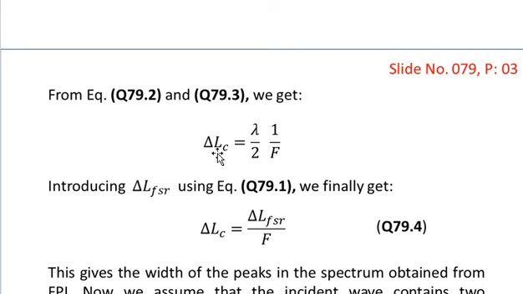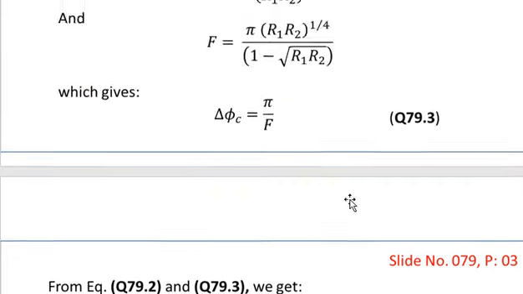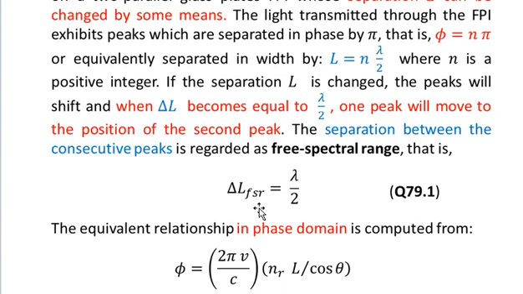Now introducing delta L FSR, that is the free spectral range, using equation number 1 we finally get, so this is equation number 1, delta L FSR is equal to lambda by 2.